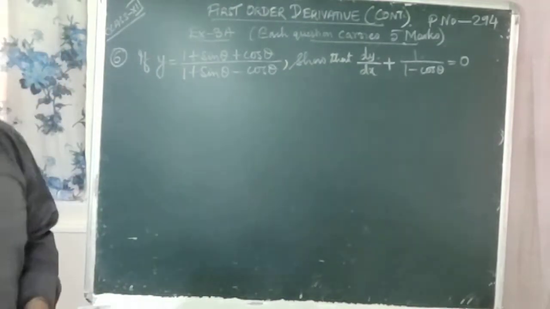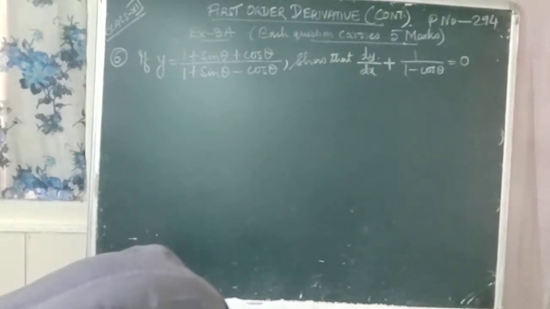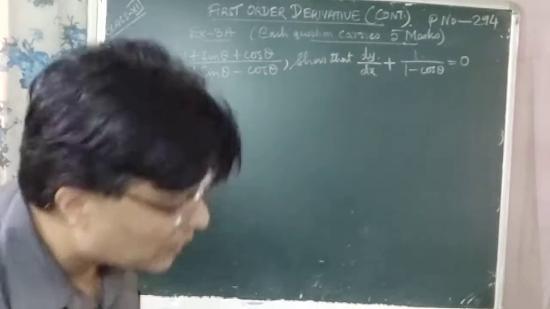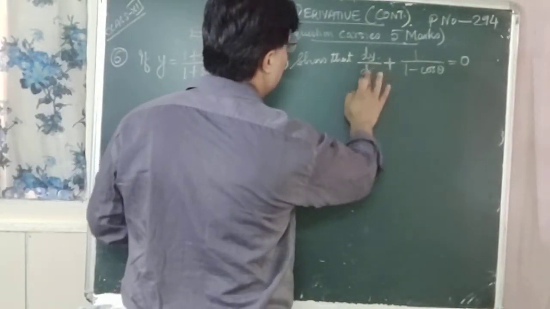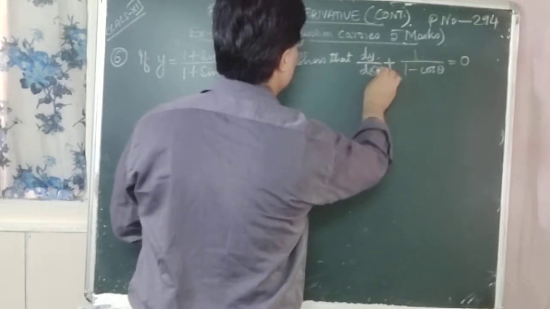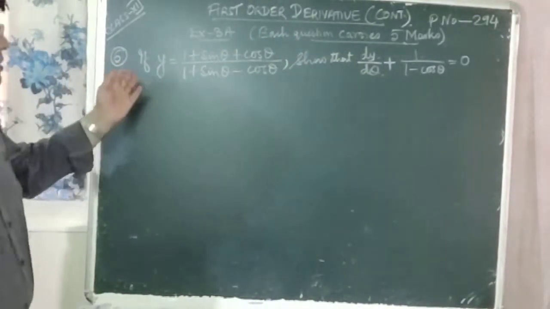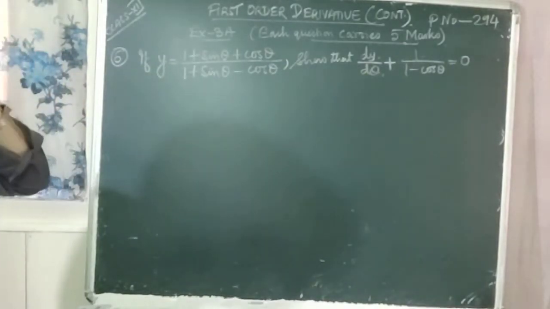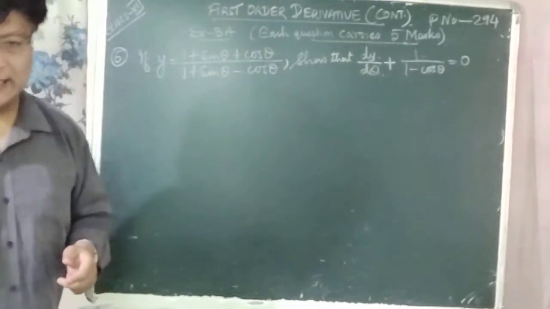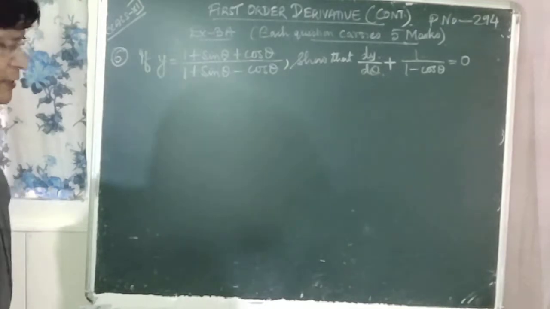So it should be dy by d theta, not dy by dx, right? Because the right hand side is expressed in terms of theta, so it should be dy by d theta. Okay? So let us prove it from given.